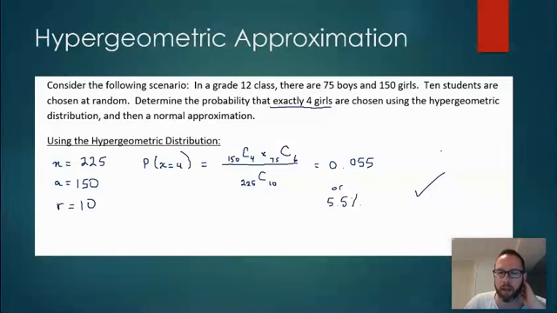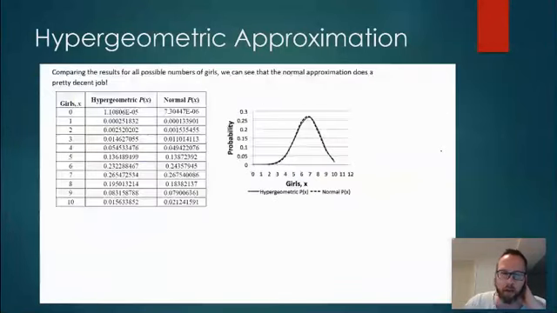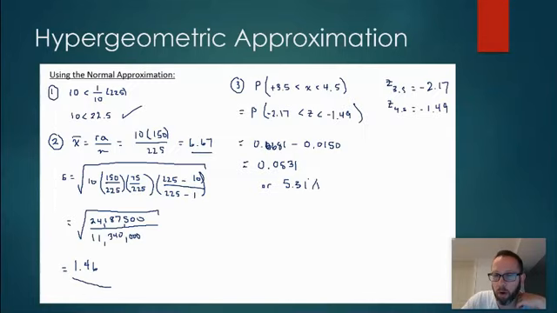Instead, though, if we had turned and said, well, what if we had to do the probability that the number of girls was less than 5? Now, would you want to do 4 hypergeometric calculations and add them up? Or would you rather do one normal distribution calculation after setting it up a little bit?